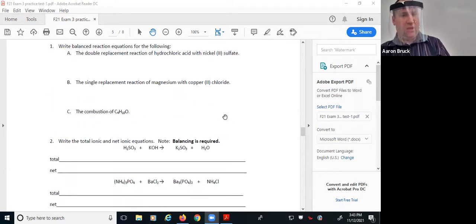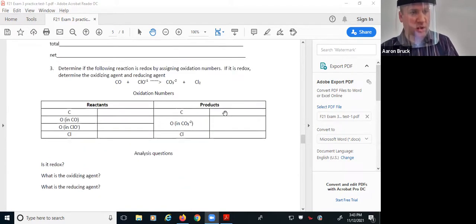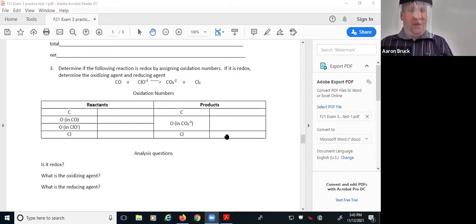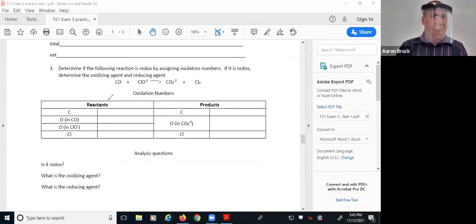So in your practice test, this question is almost exactly like that oxidation number proficiency that we've done. So let's mimic that process to help out.